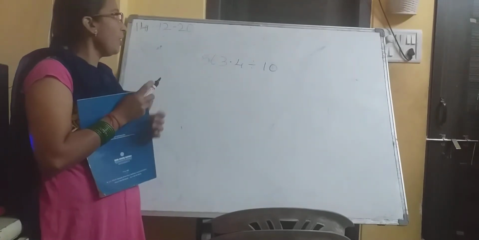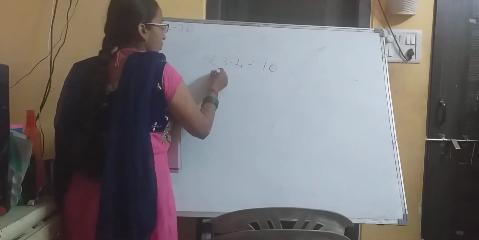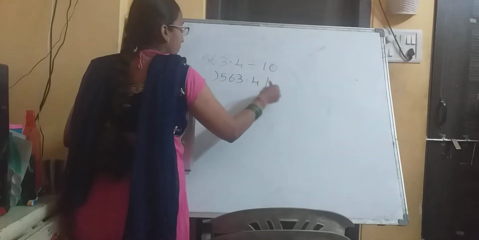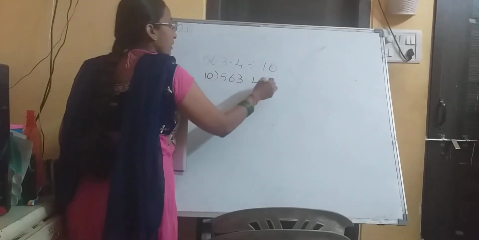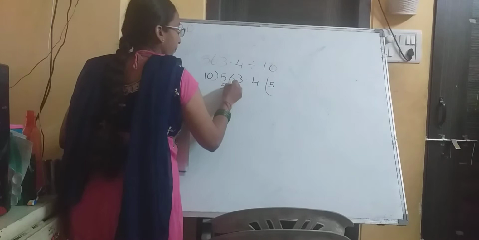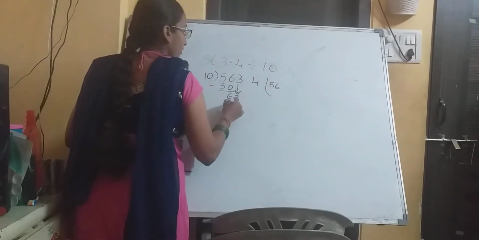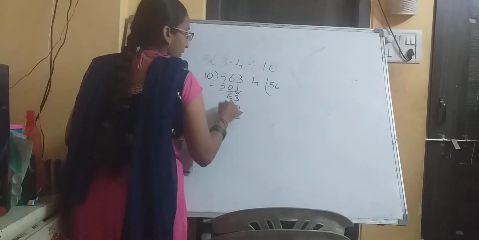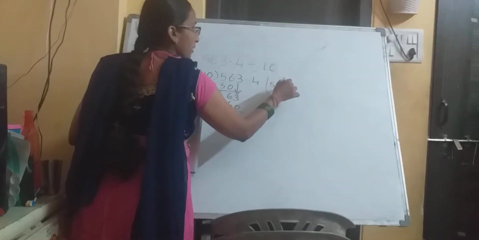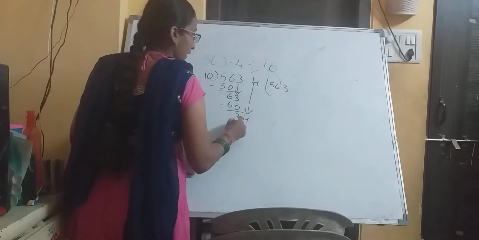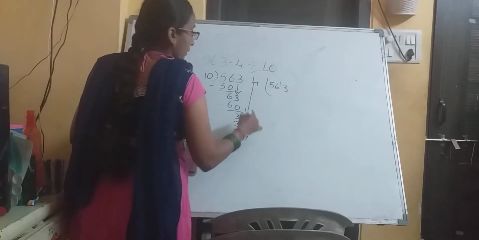So, whenever you divide, 10 5s are 50. 6. 3 comes down. 10 6 are 60. Again 3. This point will go here. This 4 comes down. 10 3s are 30. 4.